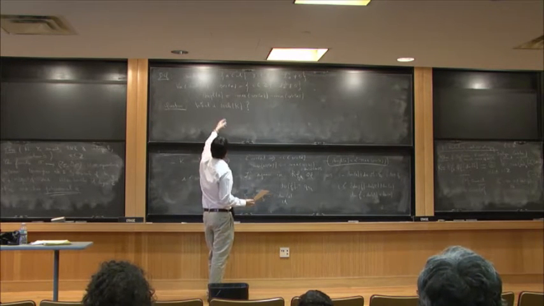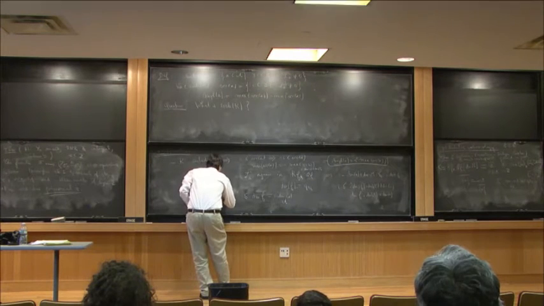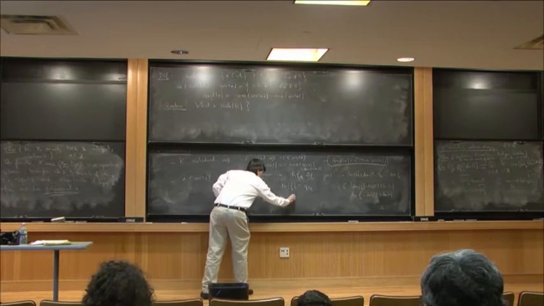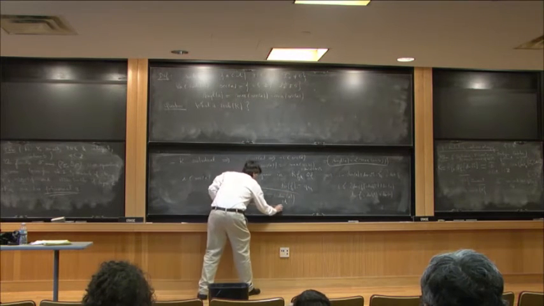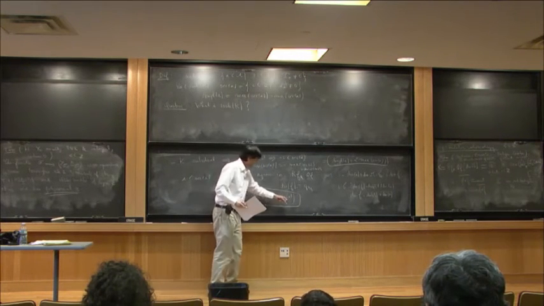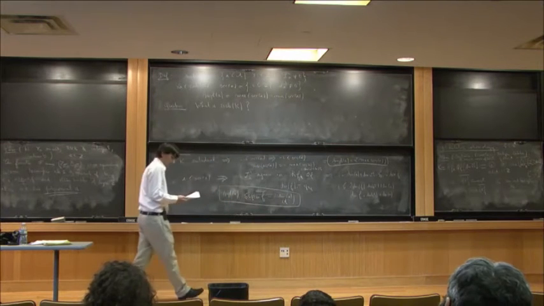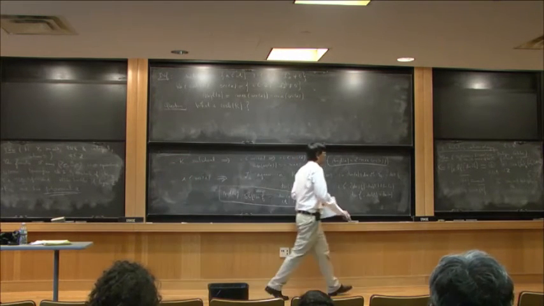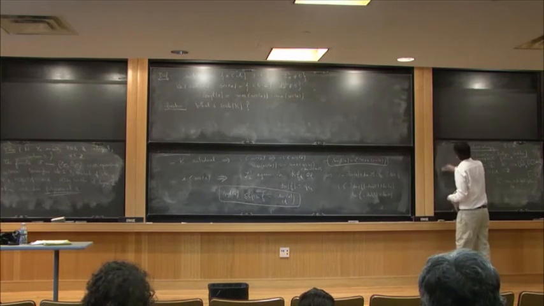And 2 times the max is the amplitude. So the amplitude is at most 2 times d minus the codimension of the support in A. This is a first condition, a first inequality on the amplitude of a.